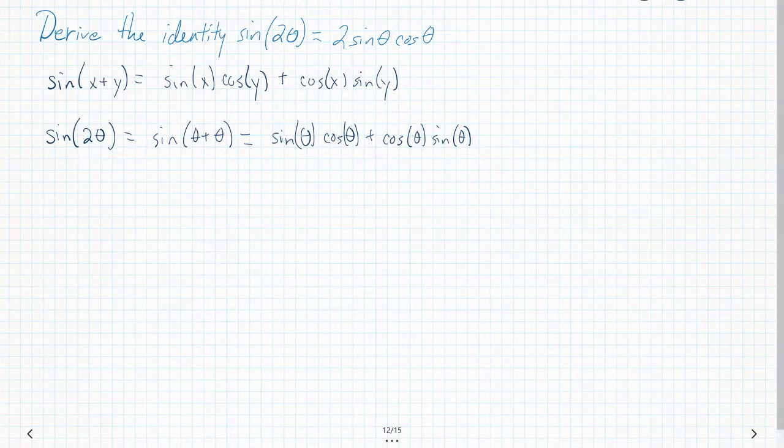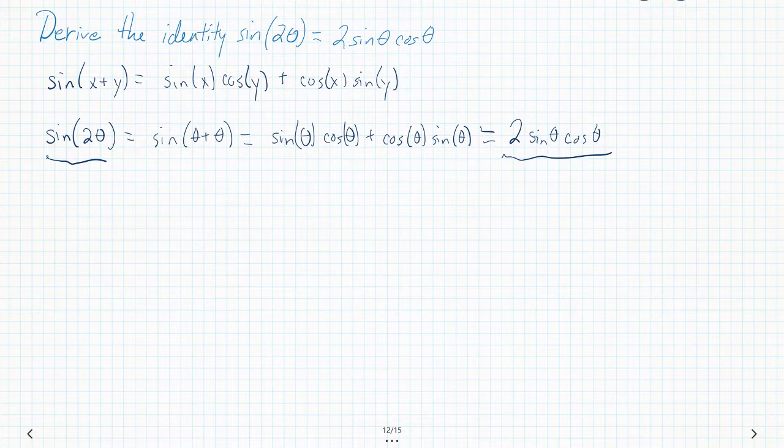Well, notice both of those are the same thing. Multiplication commutes, so you're good there. If you have one of a certain thing and then another of the same thing, that means you have 2 of those things. So this is 2 sine of theta cosine theta, and notice you have one side in a whole bunch of equalities, so that means these 2 sides are equal. And that's it.